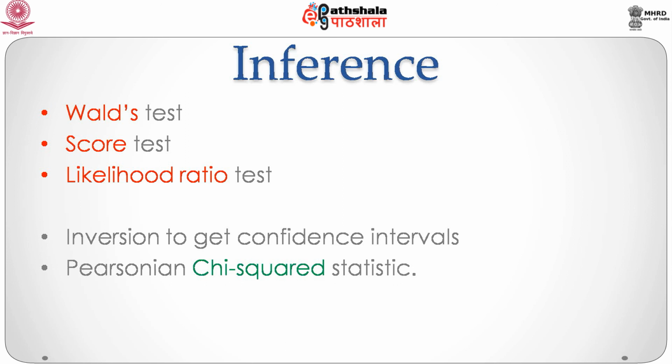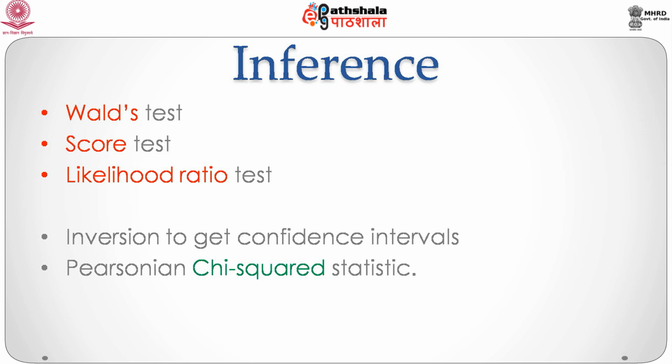If we reject H0, then our next procedure would be to get the confidence intervals for the log odds ratio or the odds ratio, or similarly for the risk difference and the risk ratio. This can be done by inverting any of the previously mentioned tests.